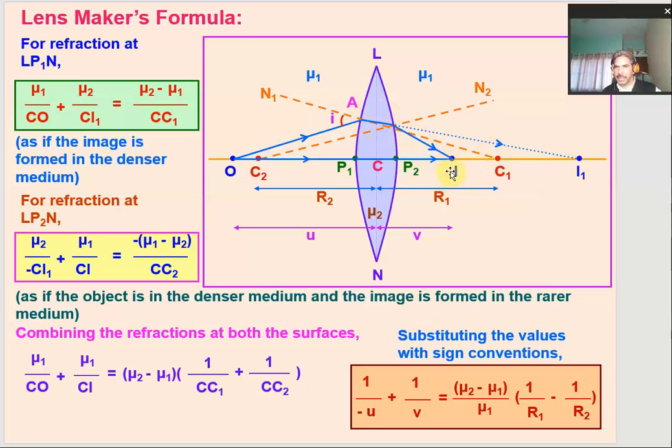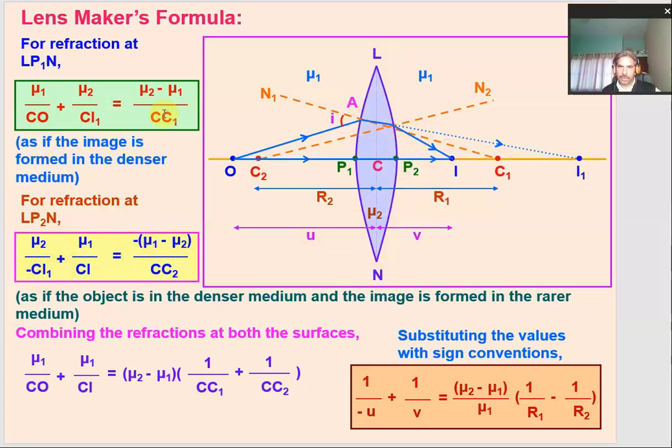This image I can also be regarded as the virtual image of the object I1, because the initial ray for this surface LP2N was coming along this refracted ray. So we can say that virtually the object is placed at I1, not actually but virtually, for which the final image is formed at point I. That's why we are getting a minus sign here as well as here, and we have a different result for that.